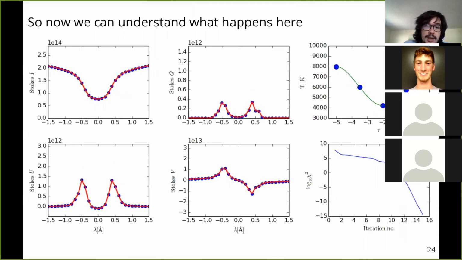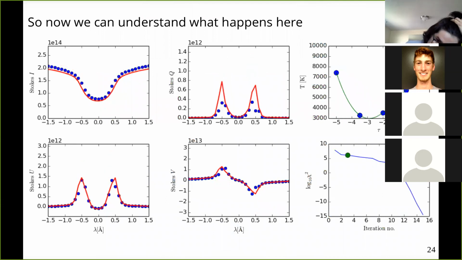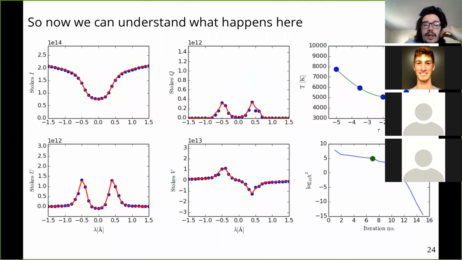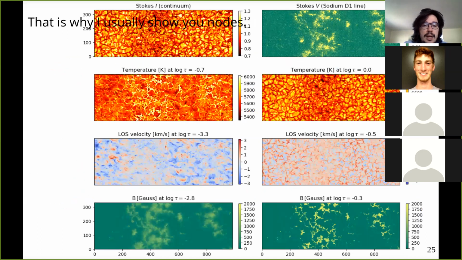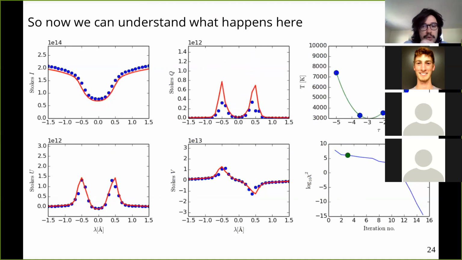What were K and N in the linear fit that we did last week and the week before are now these node values, except they enter my model in a very nonlinear way. But these are the actual values that I'm obtaining, so I can show you the maps of these values. Of course, from these I can reconstruct the fully stratified model atmospheres, but the question is whether these fully stratified model atmospheres make any sense.